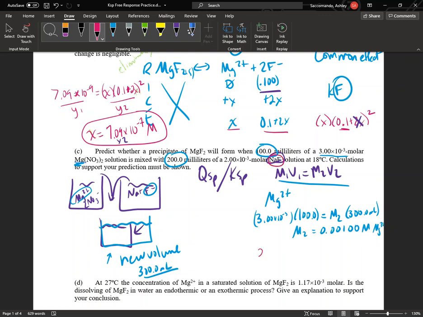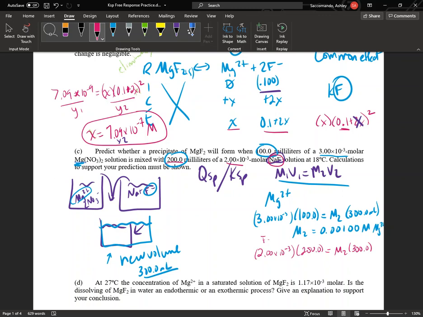Now we also need to do the one for the fluoride. That's important. That's 2 times 10 to the -3, its original molarity, and it was originally at 200 milliliters. Now its new molarity, once it combines, is going to be out of 300.